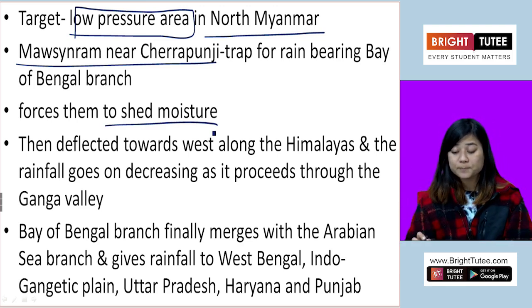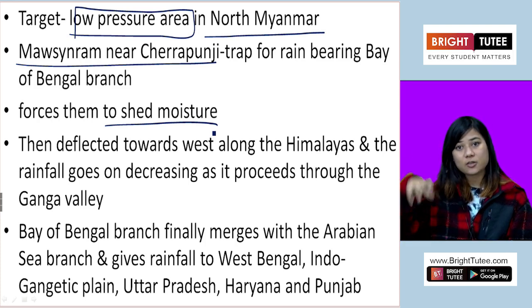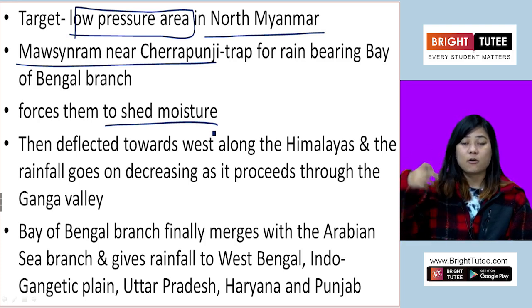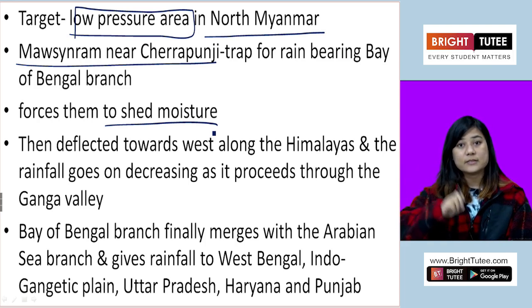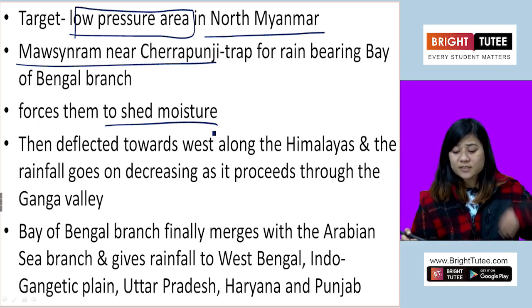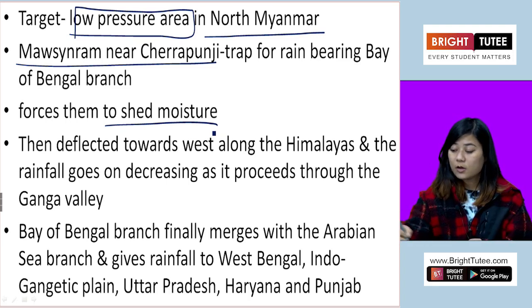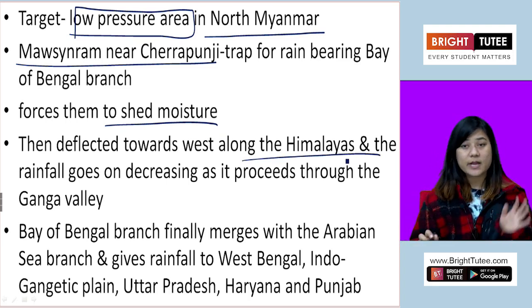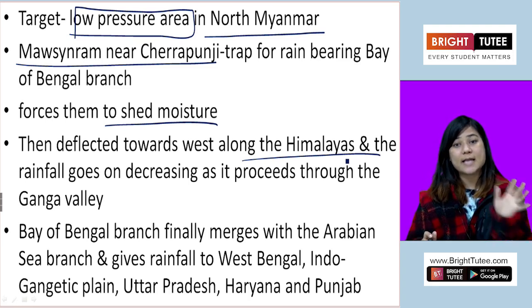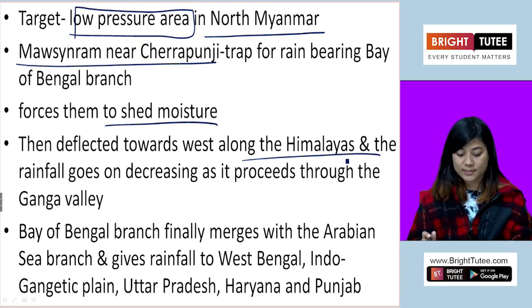After they shed all the moisture, or cause rainfall in the Cherrapunji area, the wind is deflected towards the west along the Himalayas, and the rainfall goes on decreasing as it moves west, towards the Ganga Valley.